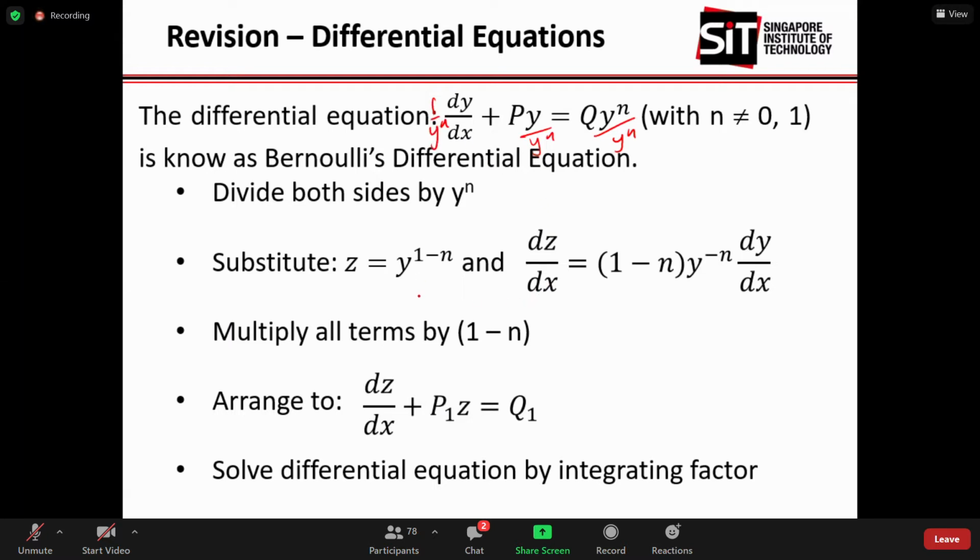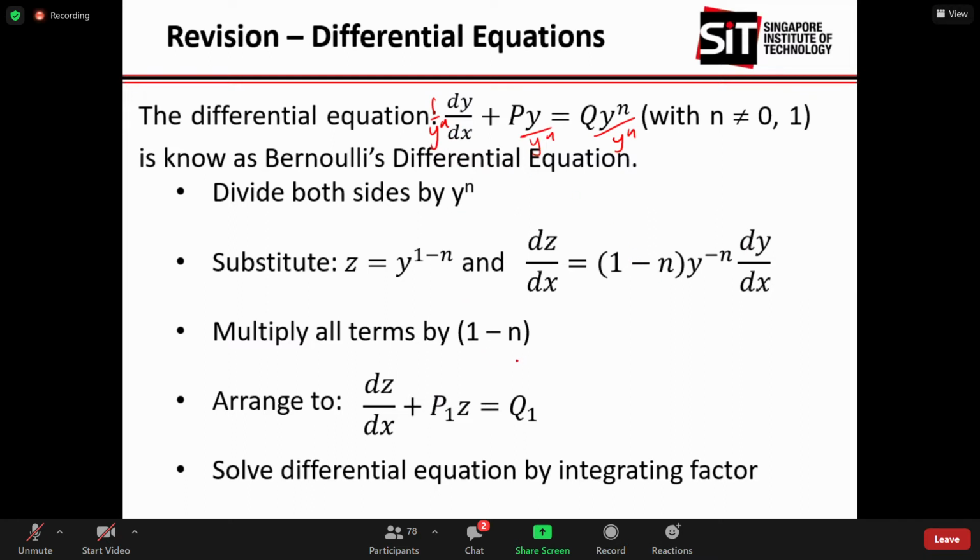Then you perform the substitution that z is equal to y to the power of 1 minus n, and hence dz/dx will be equal to (1 minus n) y to the power of negative n dy/dx, so that this equation simplifies once you've multiplied all the terms by (1 minus n), getting rid of this term.